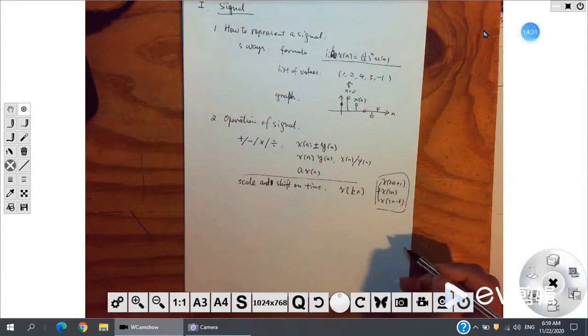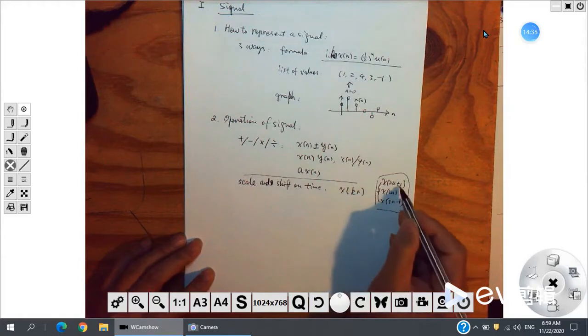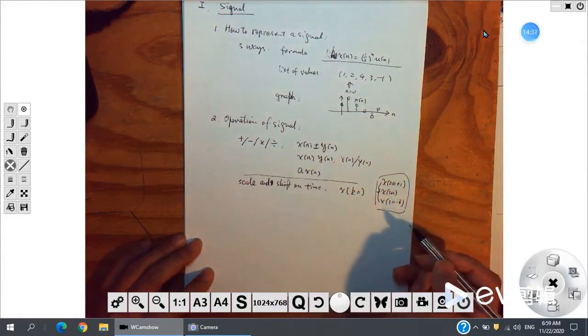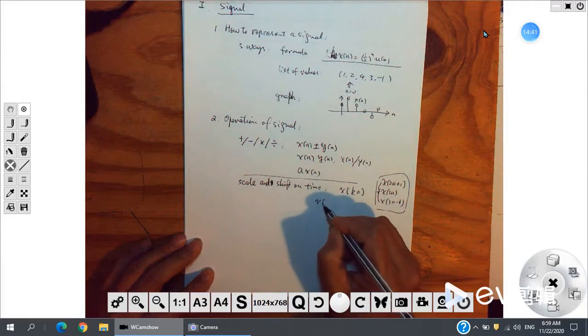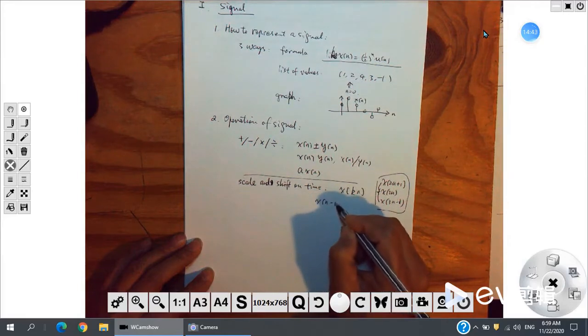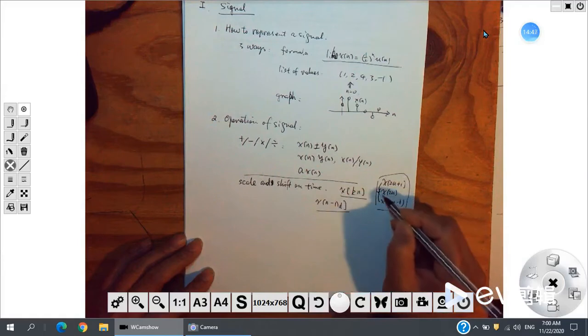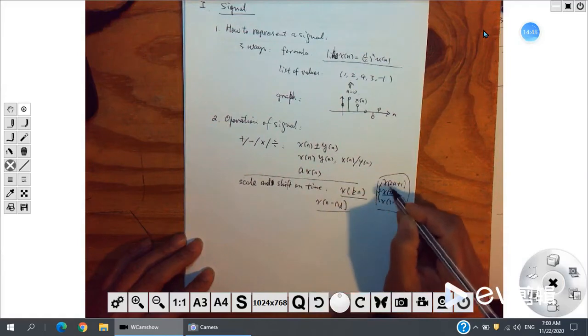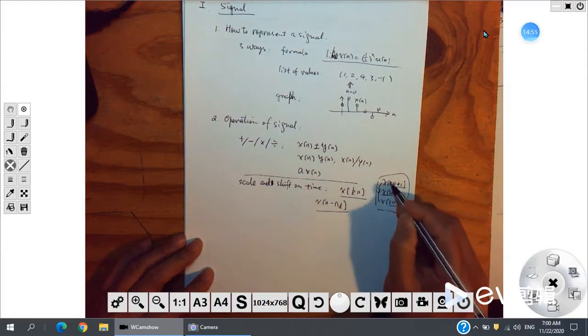You have some change in the time, and the shift: x of n minus some delay. This is a shift, and the other is a scale, and these can be combined. You have shift by 1, shift by -1, and also a scale.